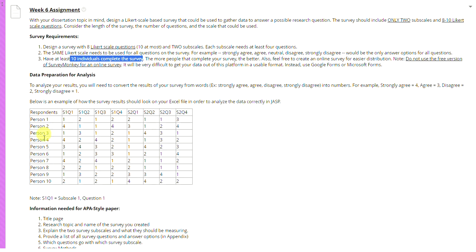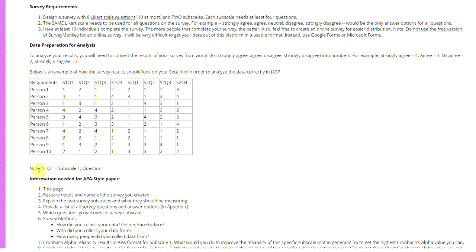So you can see I've got 10 people, I've got my 8 questions, right? I've got my 4 questions per subscale. So you can see subscale 1 with 4 questions, subscale 2 with 4 questions, and then I have all of my data for each person. So each person, there's their results, person 2, there's their results, and I've got that note, subscale 1, question 1, and then I already have what the numbers represent right there.